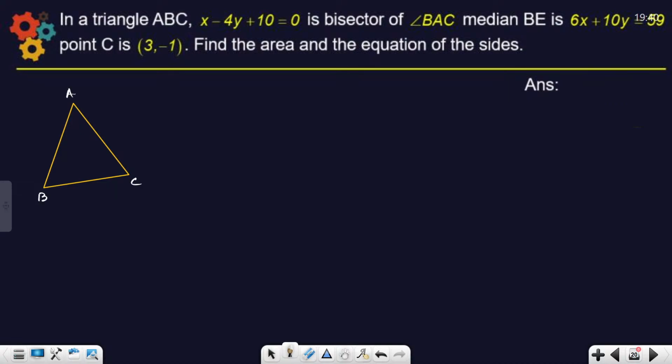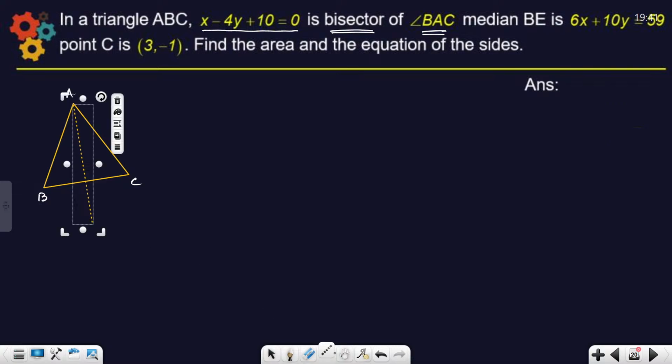What have they said? x minus 4y plus 10 equals 0 is the bisector of the angle BAC. So this is the angle bisector. Okay? That is, this angle and this angle are the same.